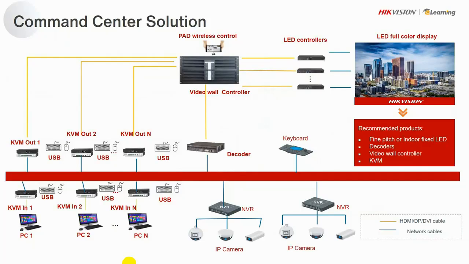The solution for a command center is more complicated, but all units surround the LED video wall controller, as we can see on the top, right? KVM means keyboard, video, and mouse, and is formally called a multi-computer switcher. With the help of KVM, all workers in the control room can control multiple computers from his or her PC.